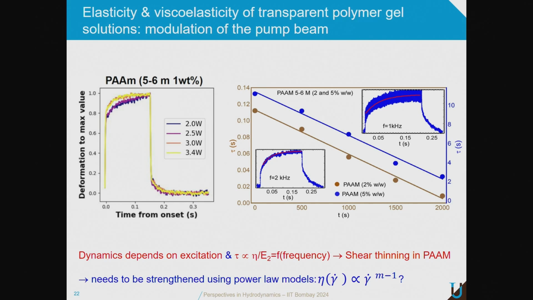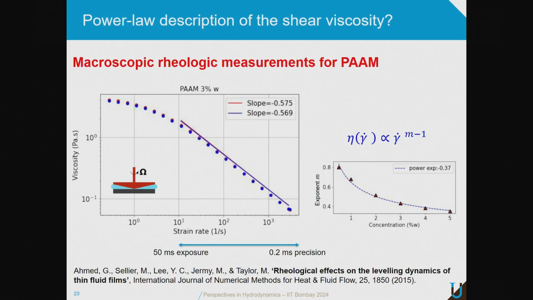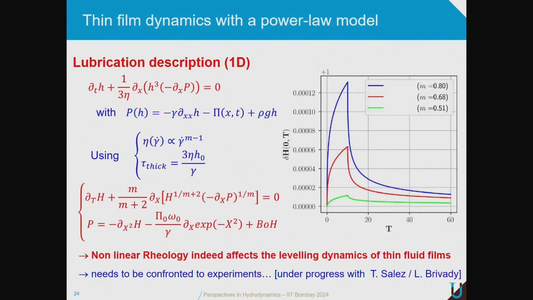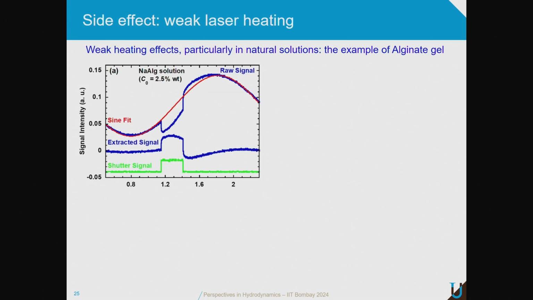So it means, in fact, we need to go to such a complex law with power law variation of the viscosity as a function of the stress. So this is what we are trying to do. It's difficult, but we're underway with Thomas Hales, for whom knows Thomas Hales.